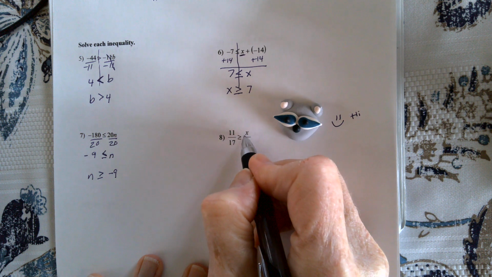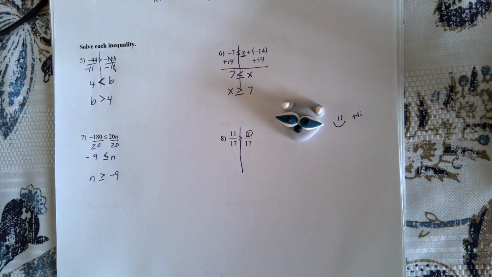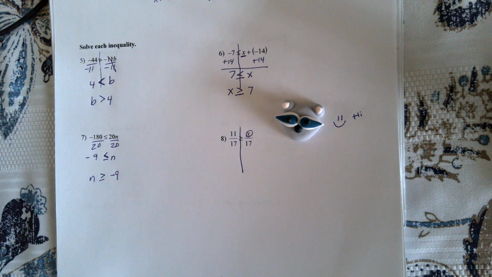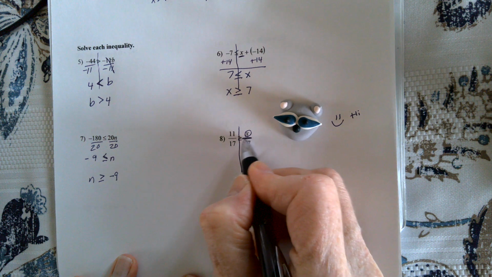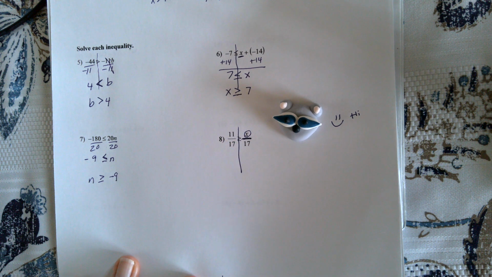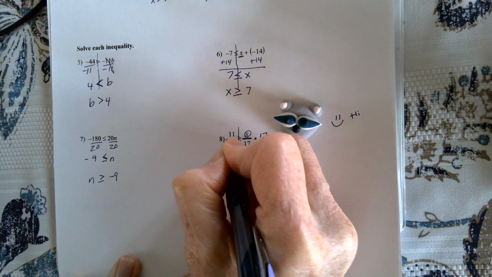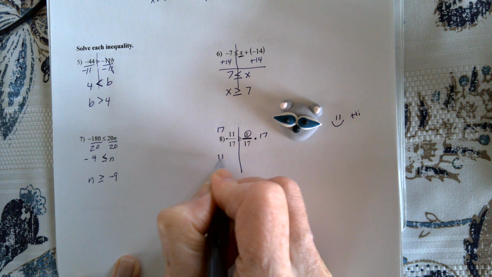Okay, I need to get rid of the number that's with the x. The goal is to have x isolated. So I have to get rid of the 17. This is division, right? Inverse operation of division is multiplication. So I'm multiplying by 17. I'm going to rewrite this so it's easier to look at.